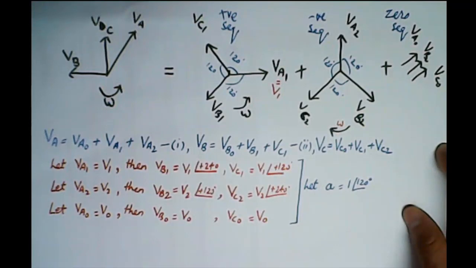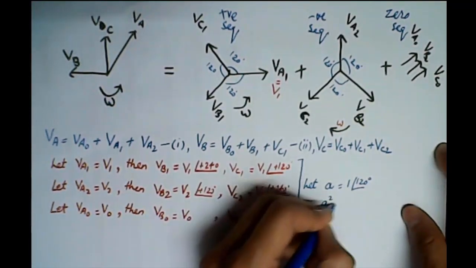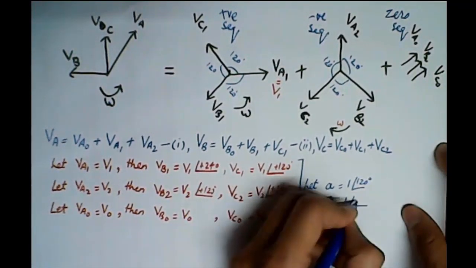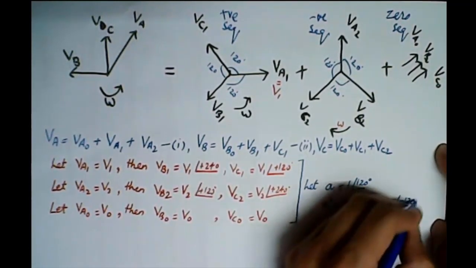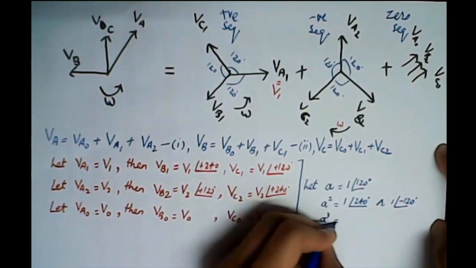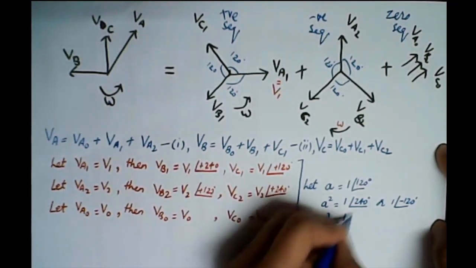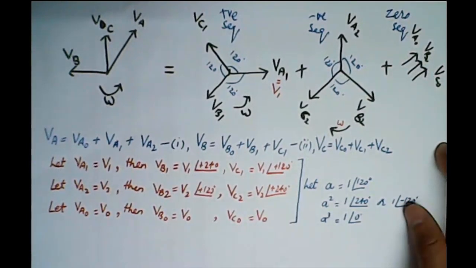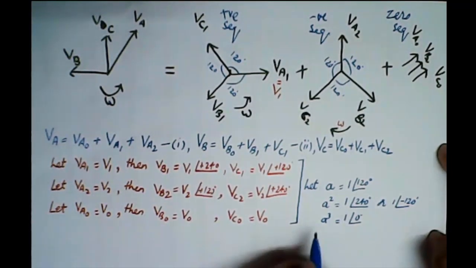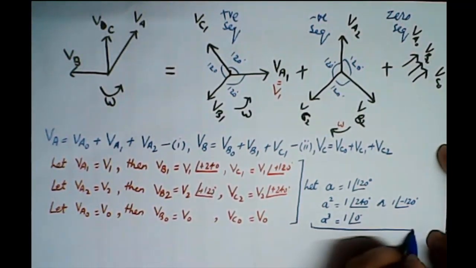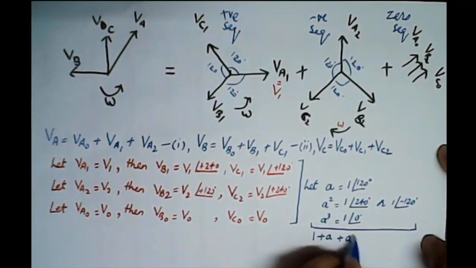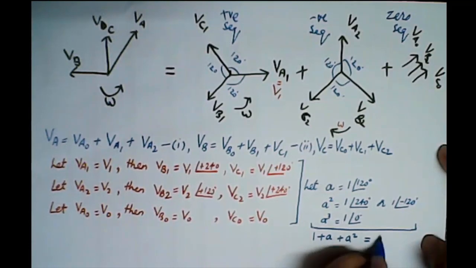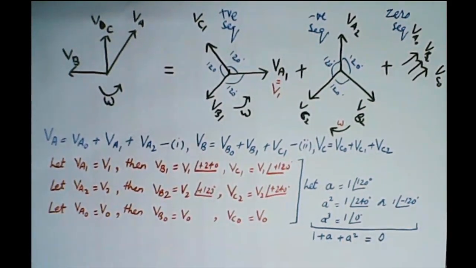This means that a square will be equal to 1 angle 240 or 1 angle minus 120, both are the same, and a cube will be equal to 1 angle 0. And one more thing we need to understand is that 1 plus a plus a square, when you solve it with a calculator in complex numbers, yields 0.